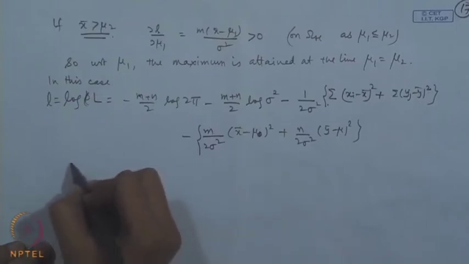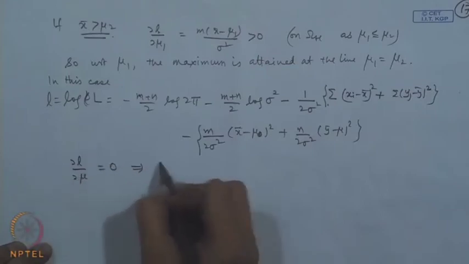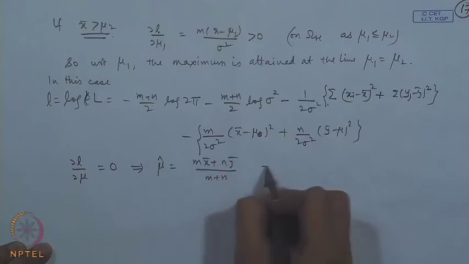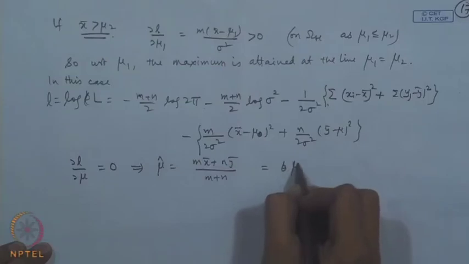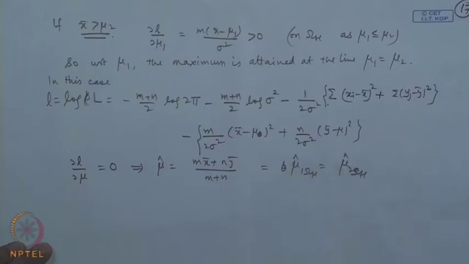So, if I consider del L by del mu, then I will get mu head equal to m x bar plus n y bar divided by m plus n. That is the grand mean, that is mu 1 omega h, mu 2 omega h, because I have assumed them to be equal here.